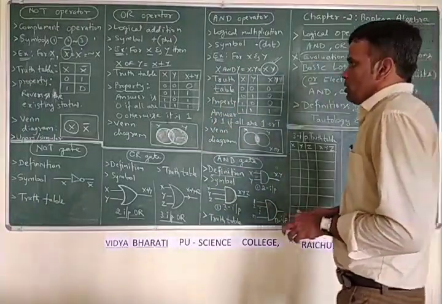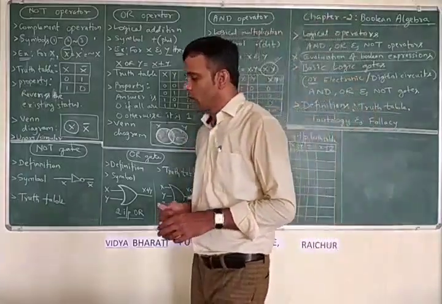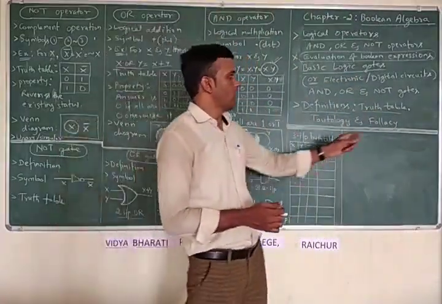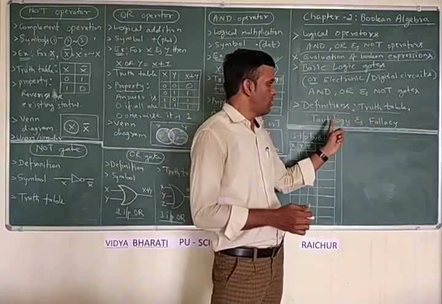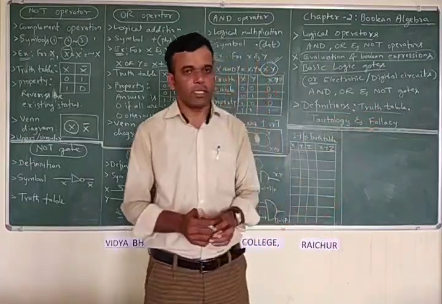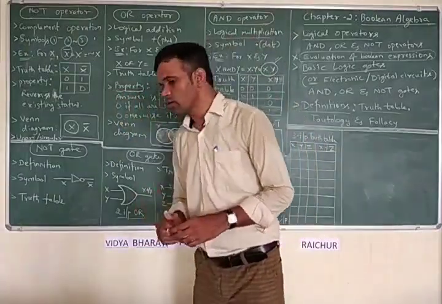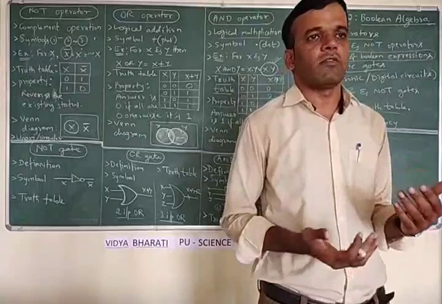So this is about the logical operators, and meanwhile we have to see the definitions of truth table, tautology and fallacy. We have already seen the truth table here. So what is the definition of a truth table?